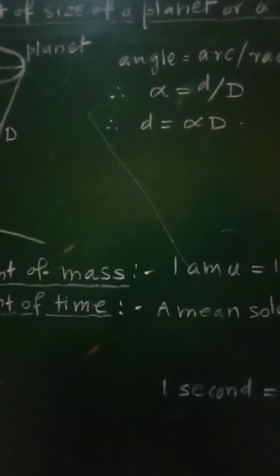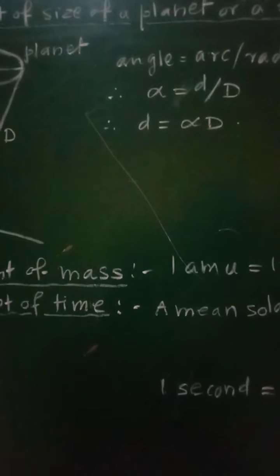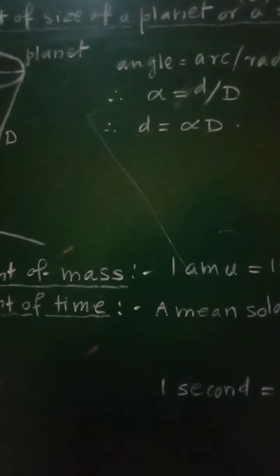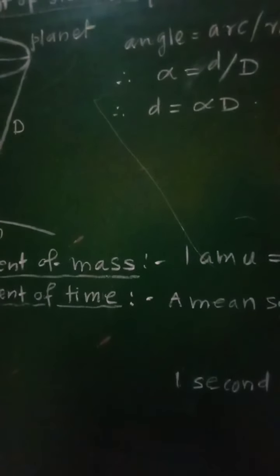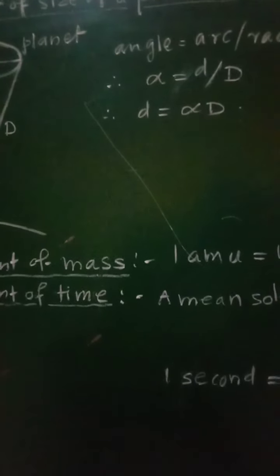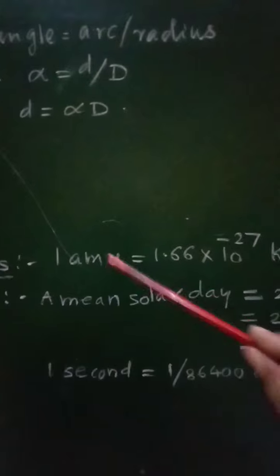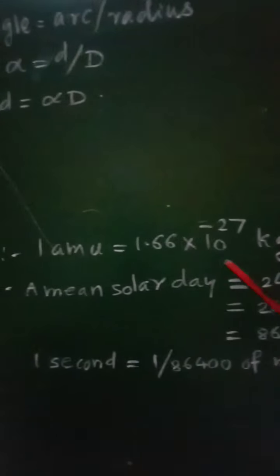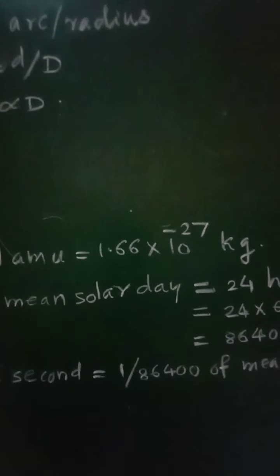One twelfth of the mass of an unexcited atom of carbon-12 is called the atomic mass unit, and therefore 1 AMU equals 1.66 into 10 raised to minus 27 kilogram.